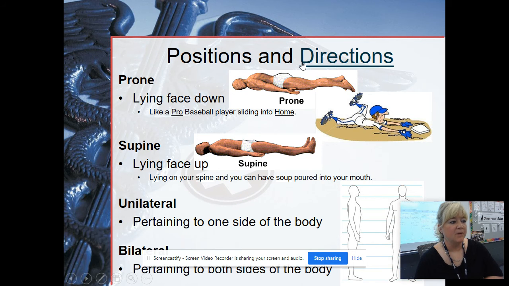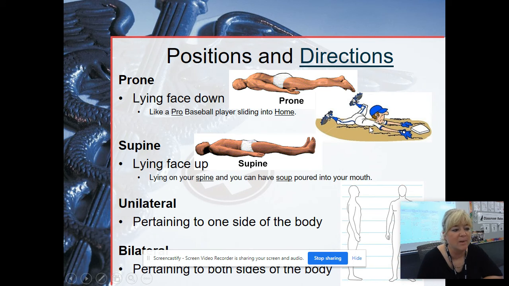But we'll just go over those terms anyway. Okay, these are the last set of terms here. You have, and these are opposites as well, prone, which means lying face down. If you were lying face down, then you're said to be in a prone position. That's called prone. And they have a little thing here like a pro baseball player sliding into home, if that's a little help to you.